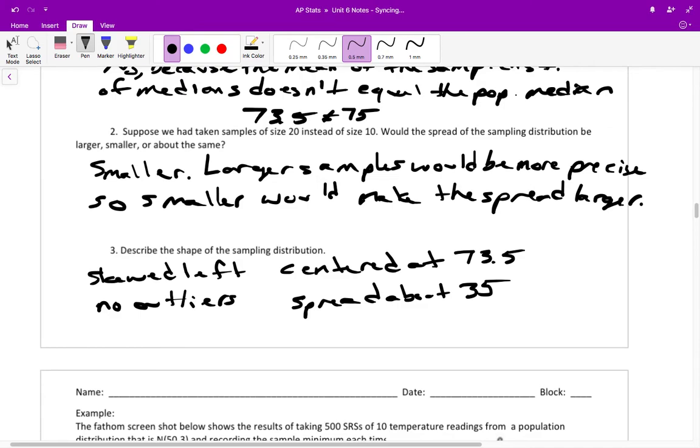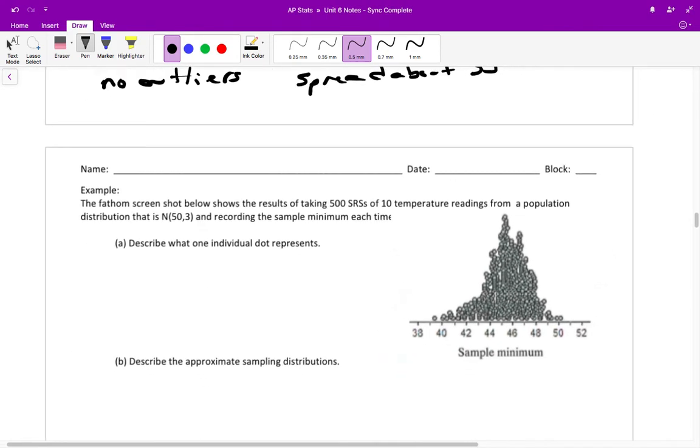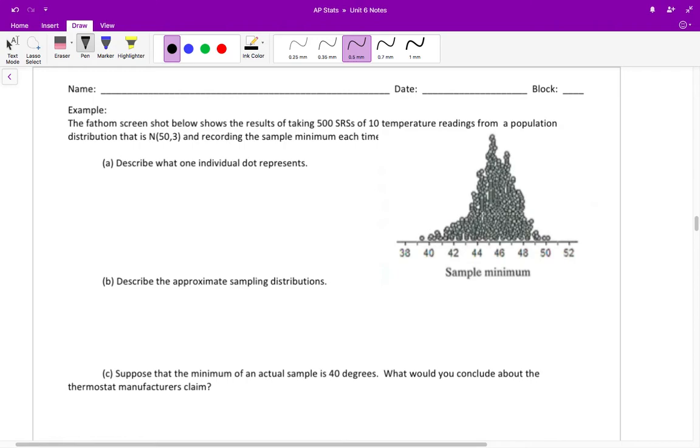Okay, so next, this Fathom screenshot, which again is basically taking all of those individual samples for you, shows the result of taking 500 separate simple random samples of 10 temperature readings from a population distribution that is approximately normal with mean 50 and standard deviation 3.